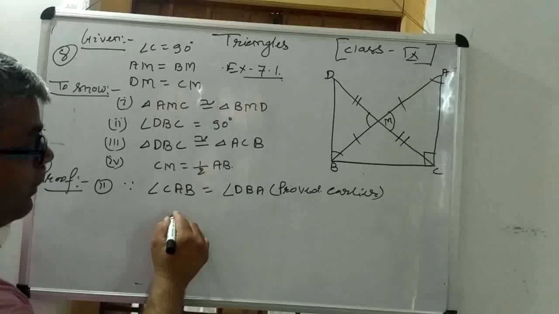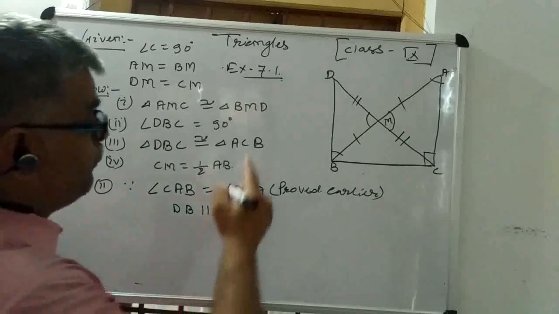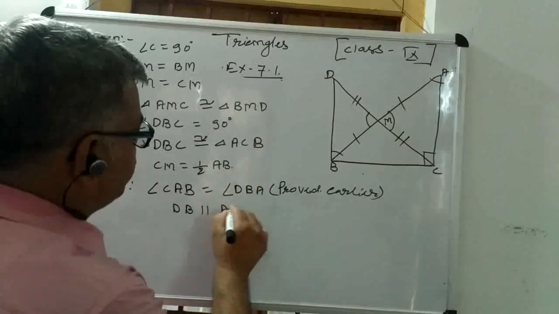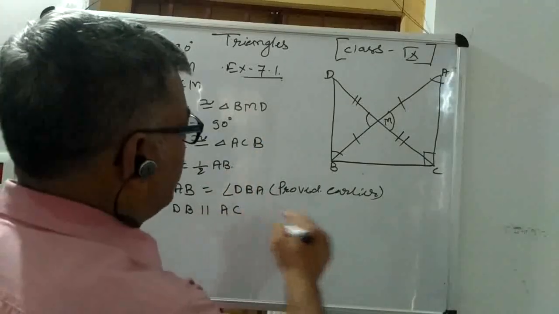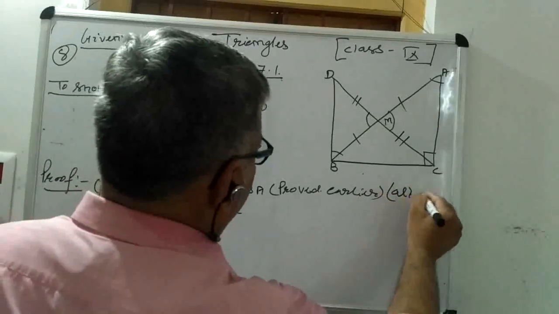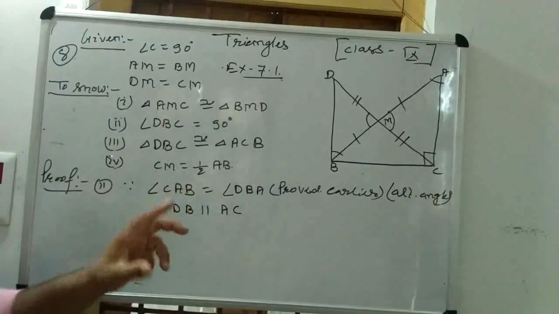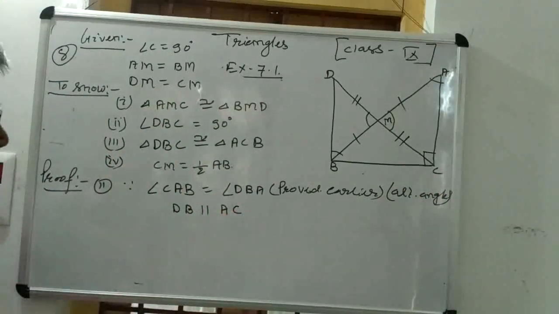So DB is parallel to AC, because they are alternate angles. So these two lines are parallel, that is DB parallel to AC.